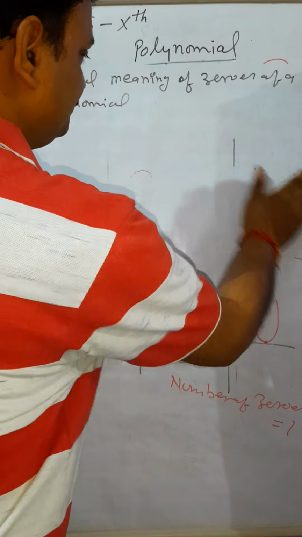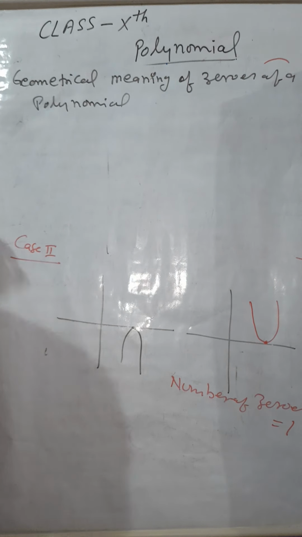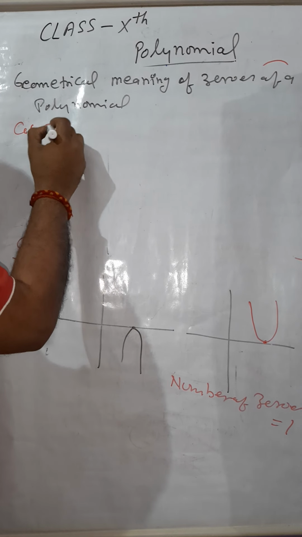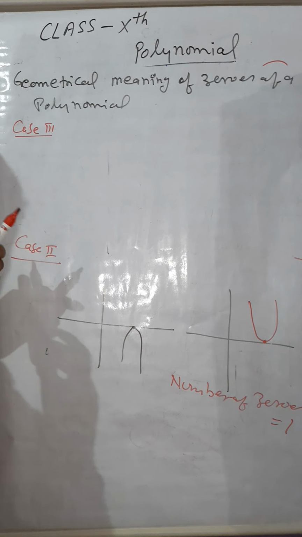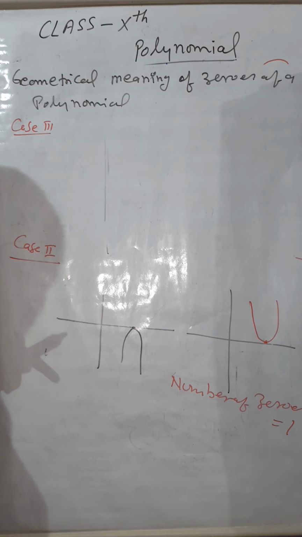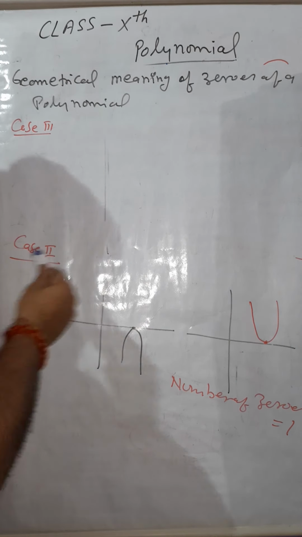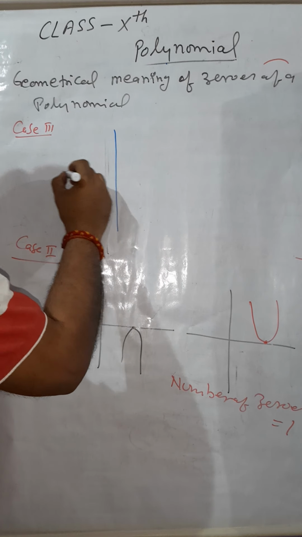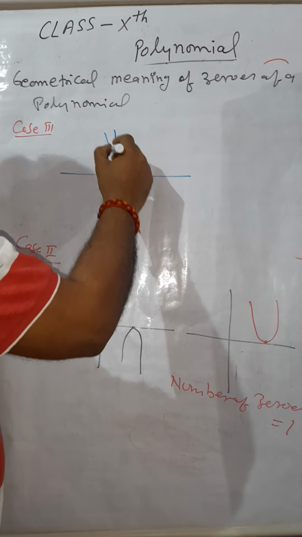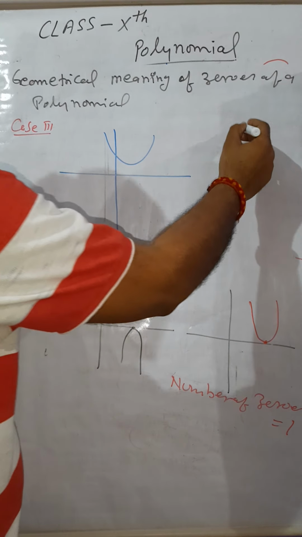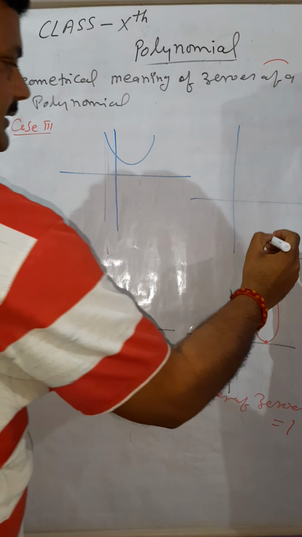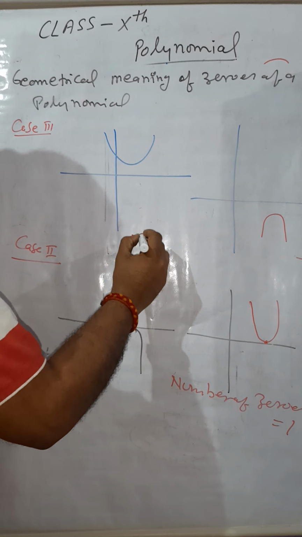Case 3. Another graph, this is like this. No zeros.